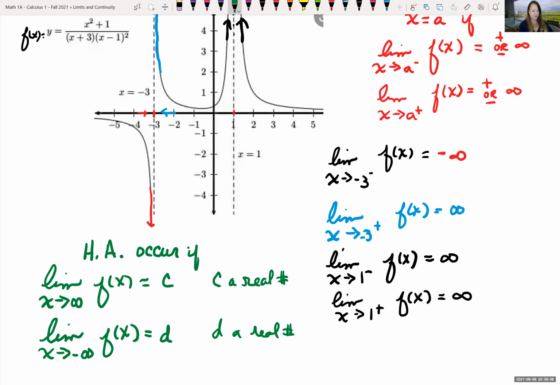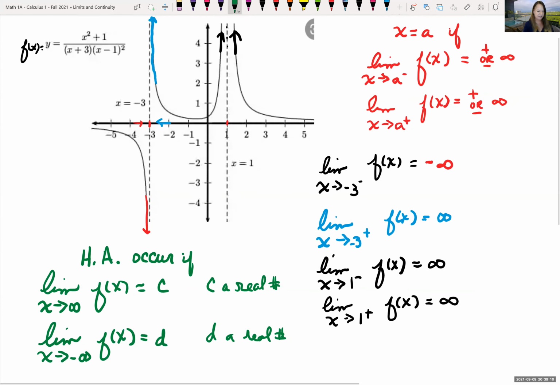If we look at our graph and at the limit as x is going to positive infinity, we want to see, does it look like it's getting closer and closer to one y value? It does. As we go to positive infinity, notice that this graph is getting closer and closer to the x-axis, so closer and closer to y equals 0.